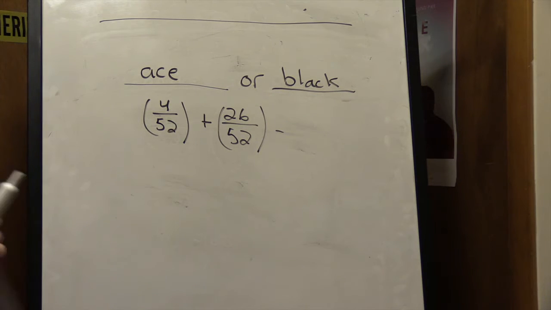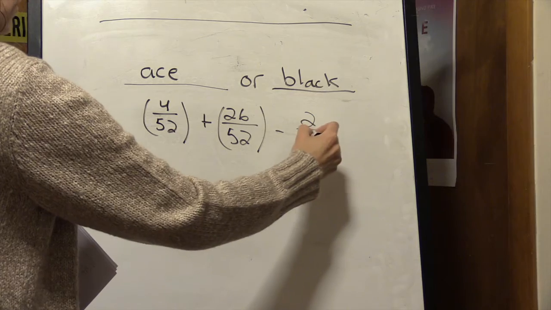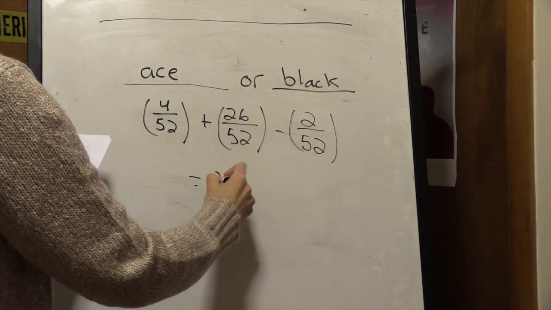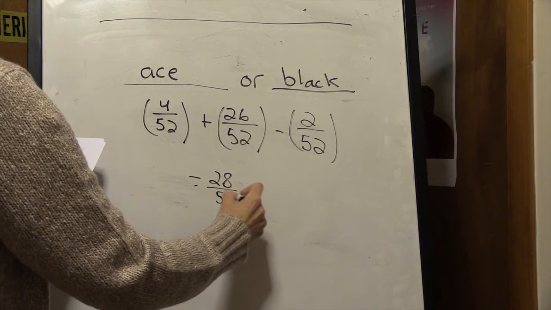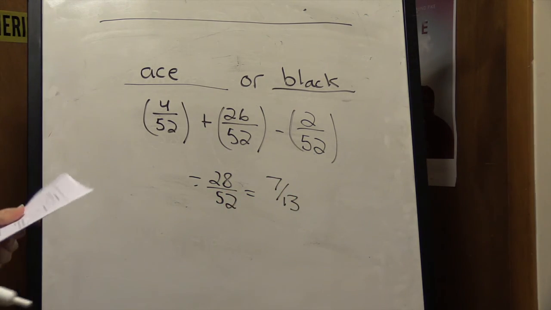But once again, we have to ask ourselves if these events are mutually exclusive. They are not, because 2 of the aces are black. So we need to subtract that out. And that gives us 28 out of 52, or 7 out of 13. Okay?